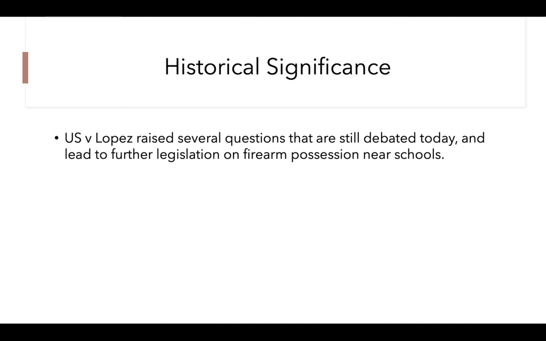It continues the debate itself in regards of having pieces of legislation to help and save the lives of many people. But not just save the lives of many people, but just by the fact of having firearms on school grounds.